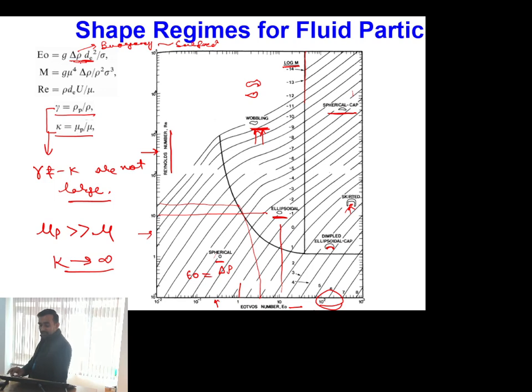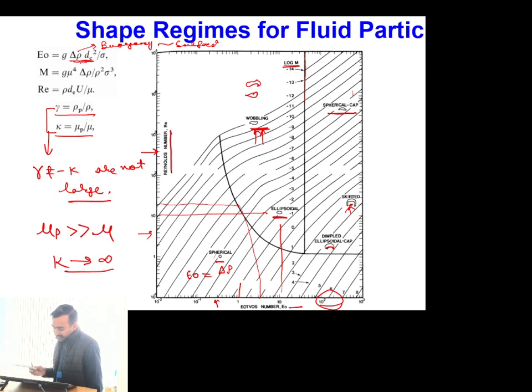The size of the bubble is so large that it flattens from the front. Once it flattens from the front, it takes the shape of an ellipsoidal bubble. And once it keeps flattening, and fluid inertia is also high, as the Reynolds number starts increasing, what will happen? When this bubble is rising upward, the surrounding fluid from the top will be displaced.